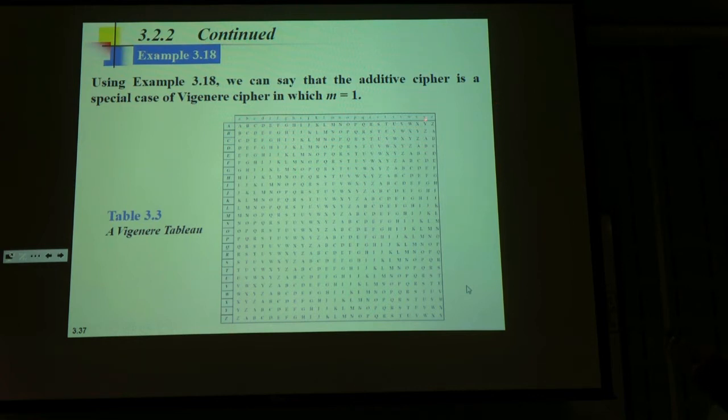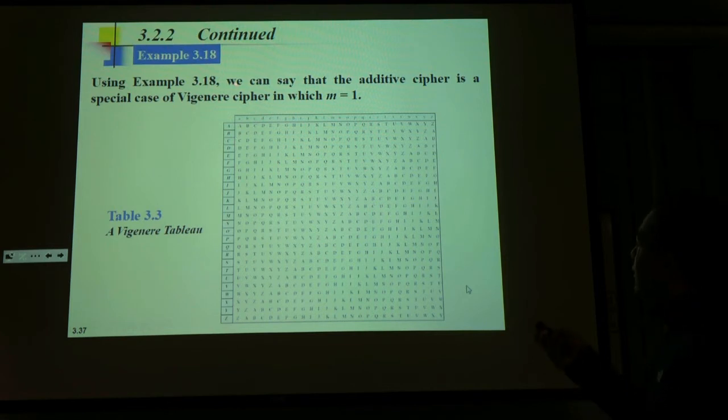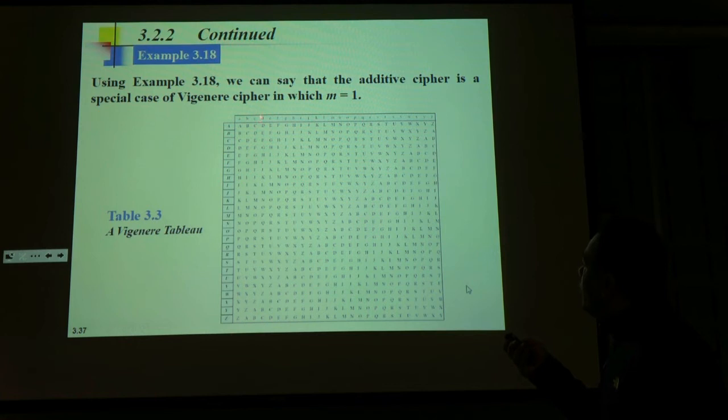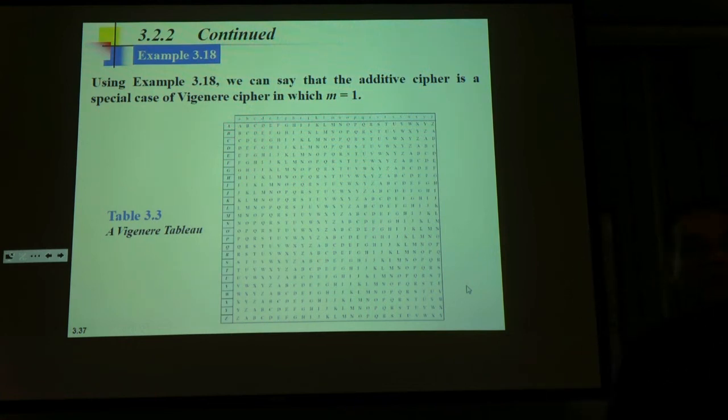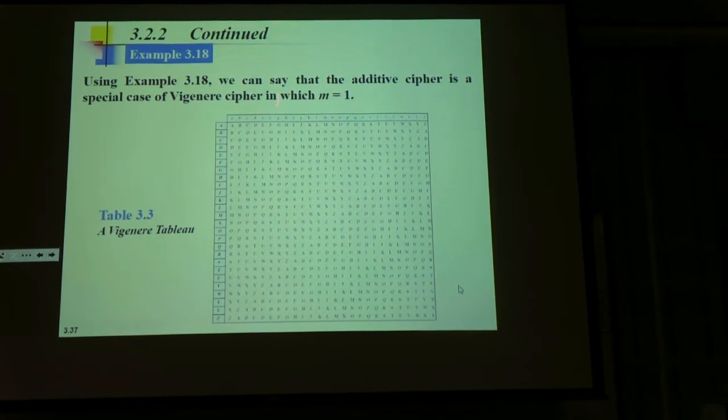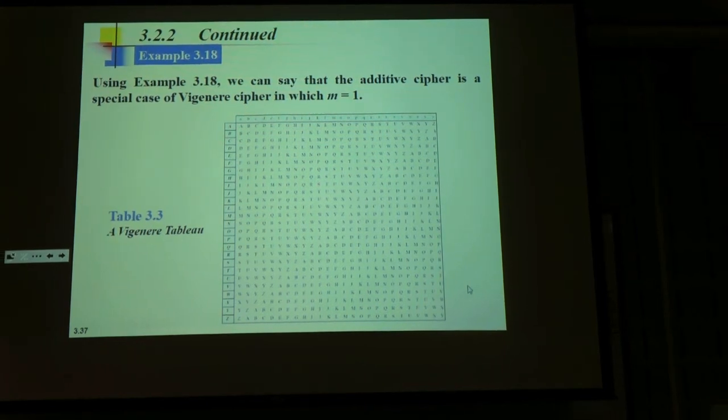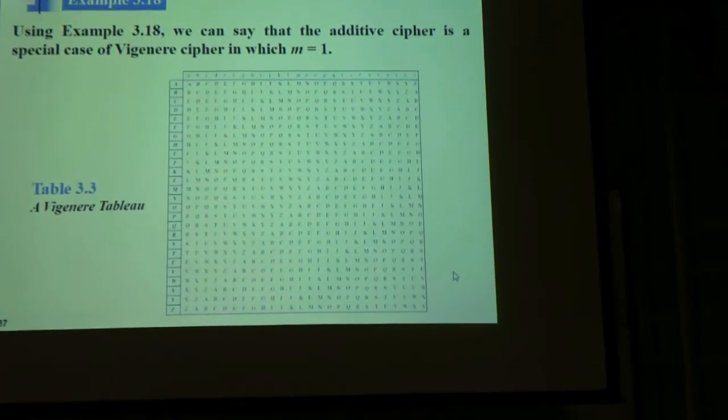This is the plaintext, and here is the key. If you need to send D and the key is A, what do you have? D. You build it in a matrix. Here is the plaintext, here is the key, and here the corresponding ciphertext.